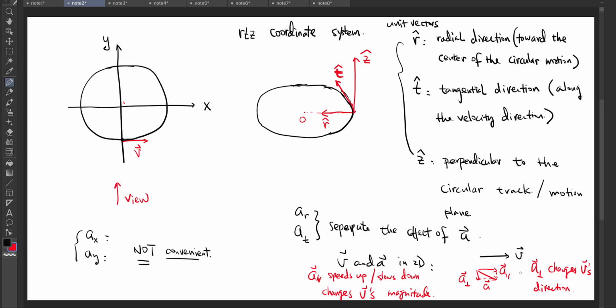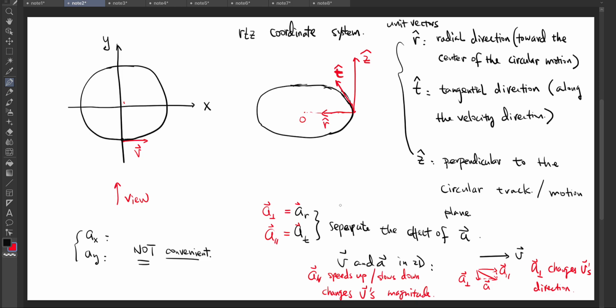Okay, so remember that we talked about speeding up, slowing down, and turning right or turning left. Turning right or turning left is the changing of V's direction, the velocity direction. So we separate that into the two components. Now that's exactly what we're doing here. The A parallel component will be the same as this tangential component. And the perpendicular component of the previous discussion is actually the radial component.